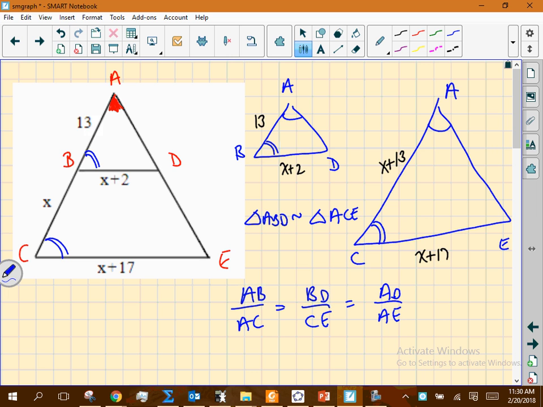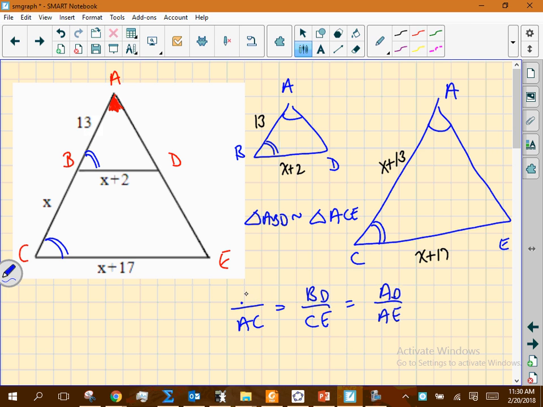Okay. I think at some stage, some of you are going to say, I don't need to write this down because I know 13 is going to go to X plus 13. I know X plus 2 is going to go to X plus 17, right? Some of you can do that. That's fine. But in the event that you get stuck or your picture is not as easy to make that comparison because of their orientation to one another, that will always get you the right arrangement.